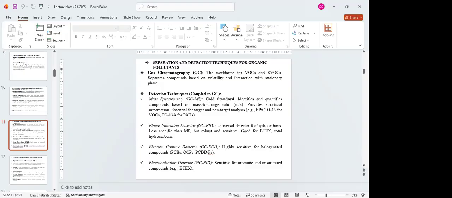And when it is coupled with the GC, it's known as GC-FID. It's a universal detector for hydrocarbons, though less specific than the MS, but it's robust and sensitive. And of course, it's good for specific materials, just like the BTX.